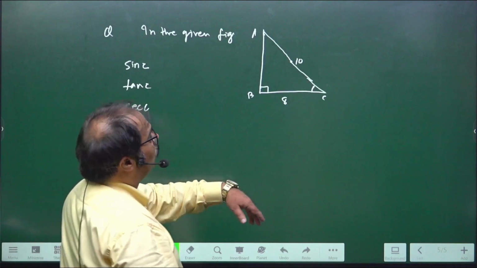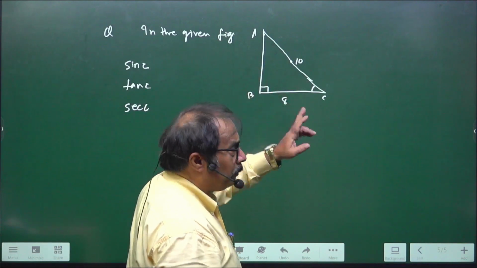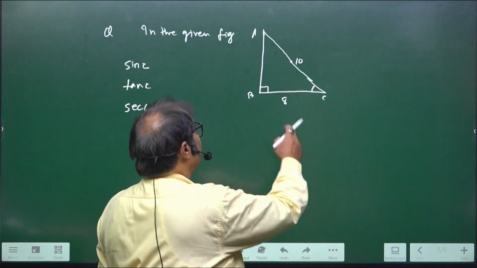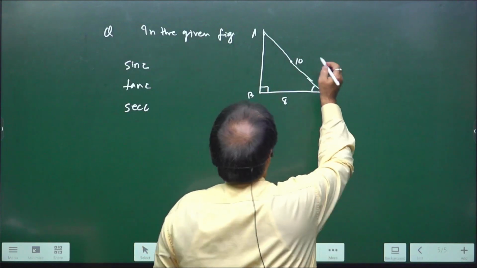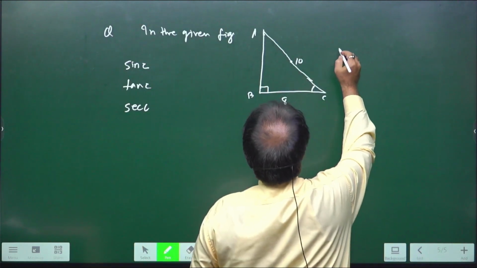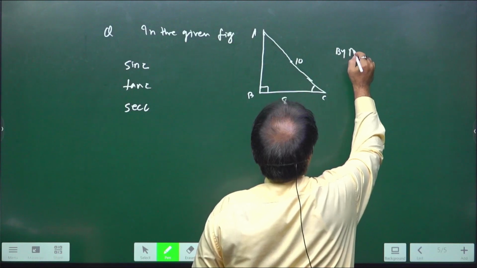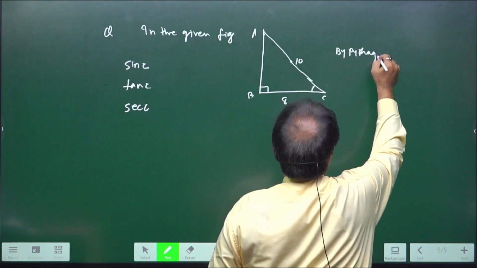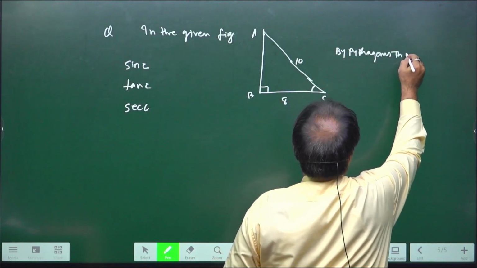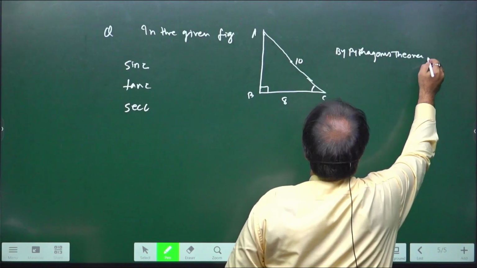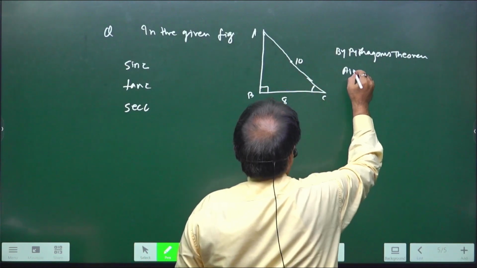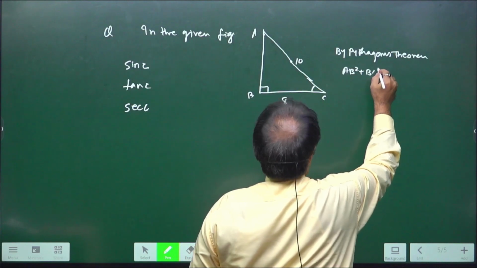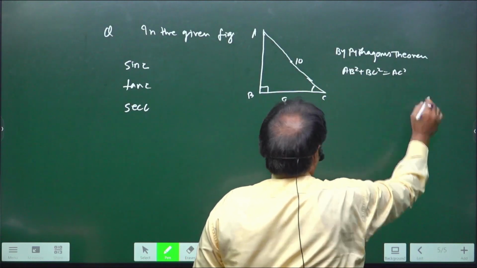So first of all, by applying the Pythagoras theorem, right? Here no need for K because the value is not given in the ratio. So in right triangle ABC, by Pythagoras theorem, and what is the Pythagoras theorem? The hypotenuse square is equal to perpendicular square plus base square. So AB square plus BC square is equal to AC square.